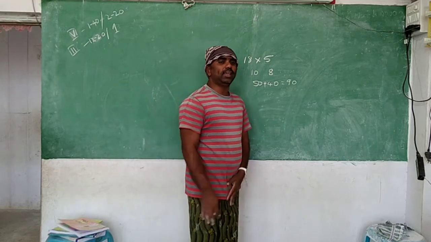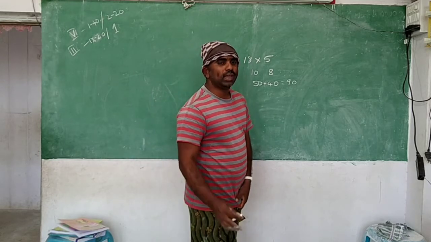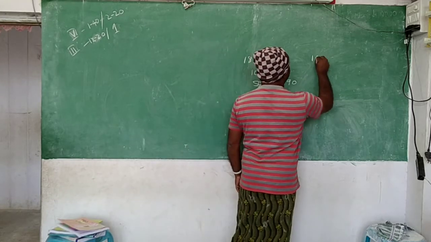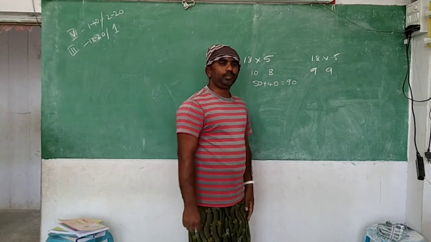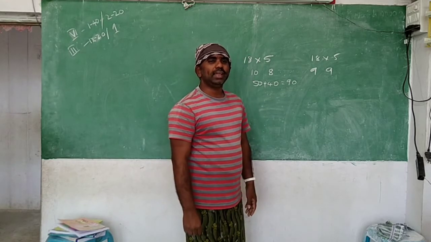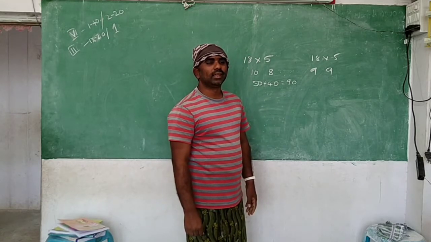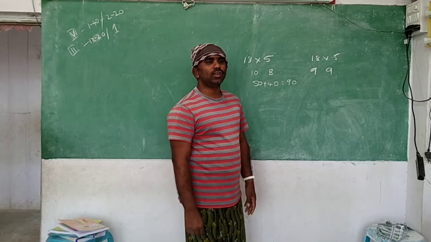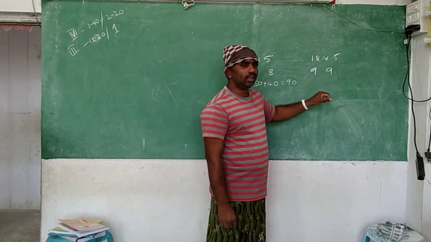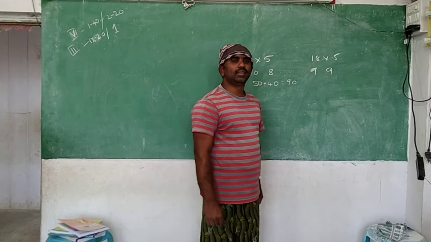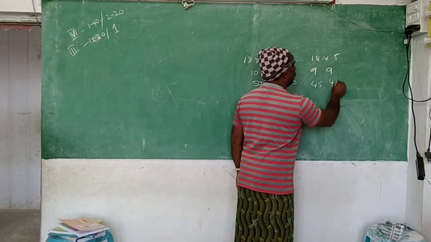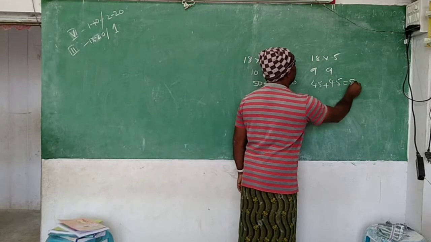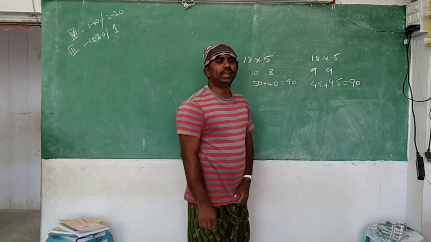Not only this, maybe you can say, sir, I can write the 18 as 9 and 9. Yes, you can do like that also. 9 fives are 45, and 45 and 45 together will be 90.